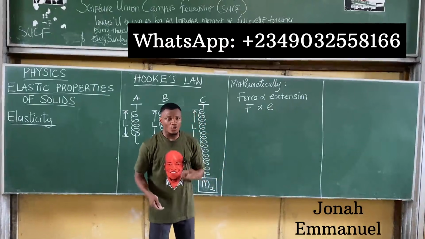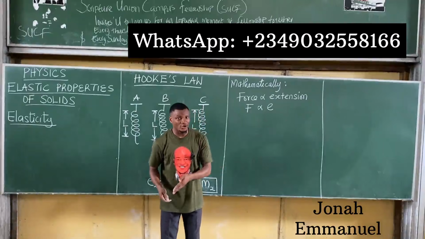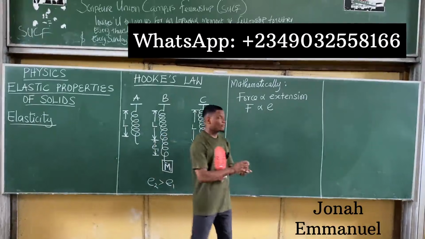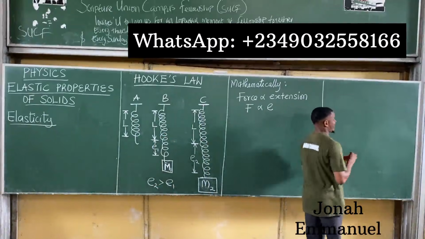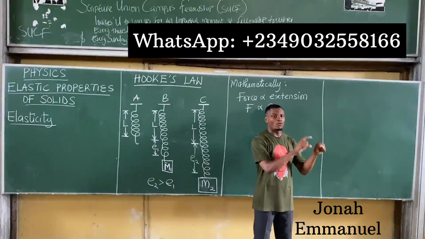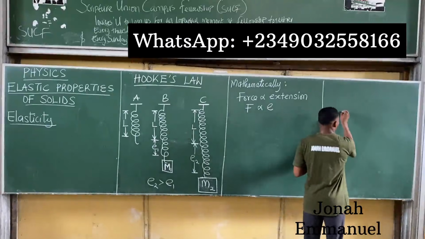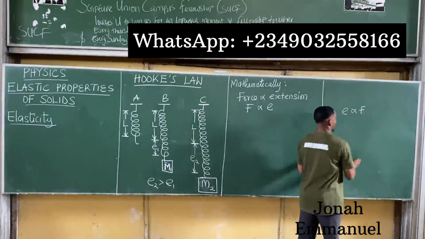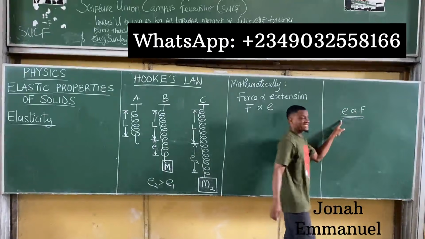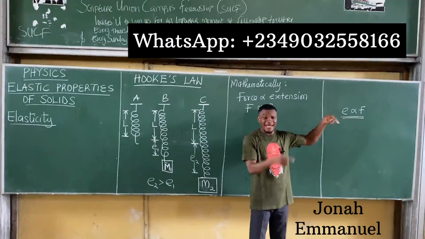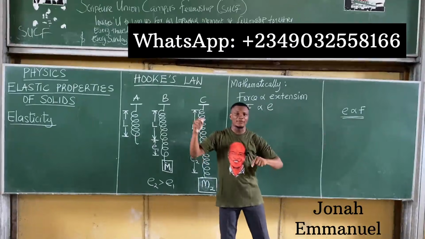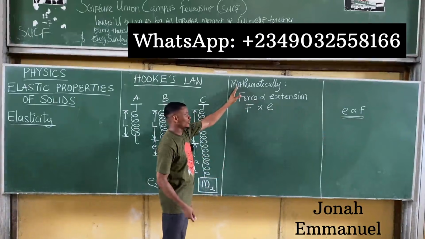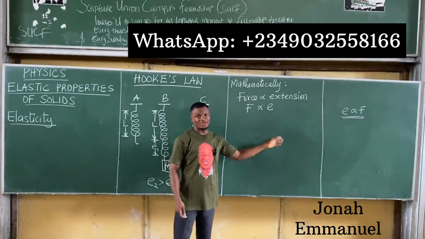If I take Hooke's law word by word, I should have that extension is directly proportional to force. This is what I should have as my mathematical expression because we had extension in that statement before force. Now, how come in my mathematical expression, I'm seeing force before extension?